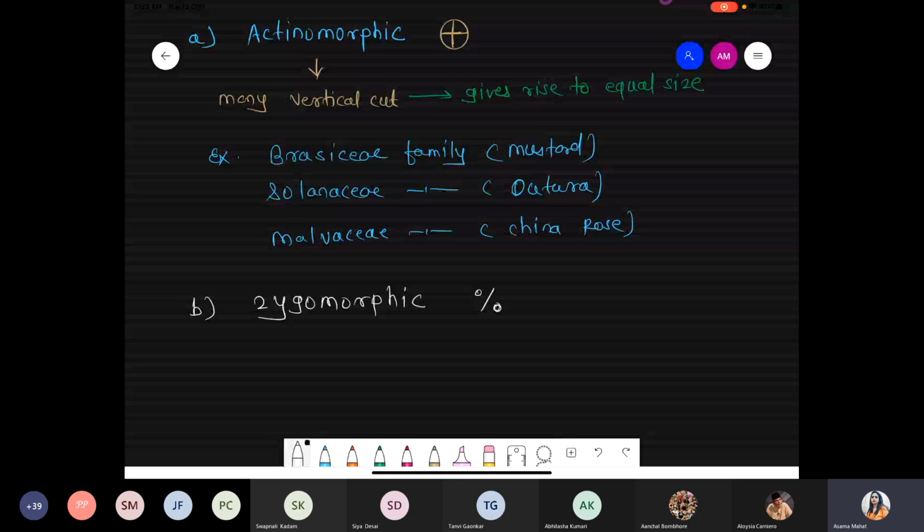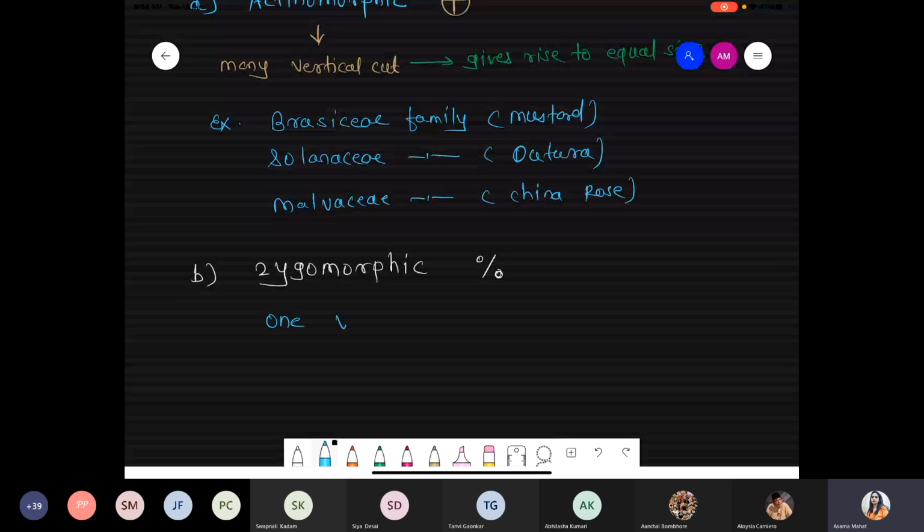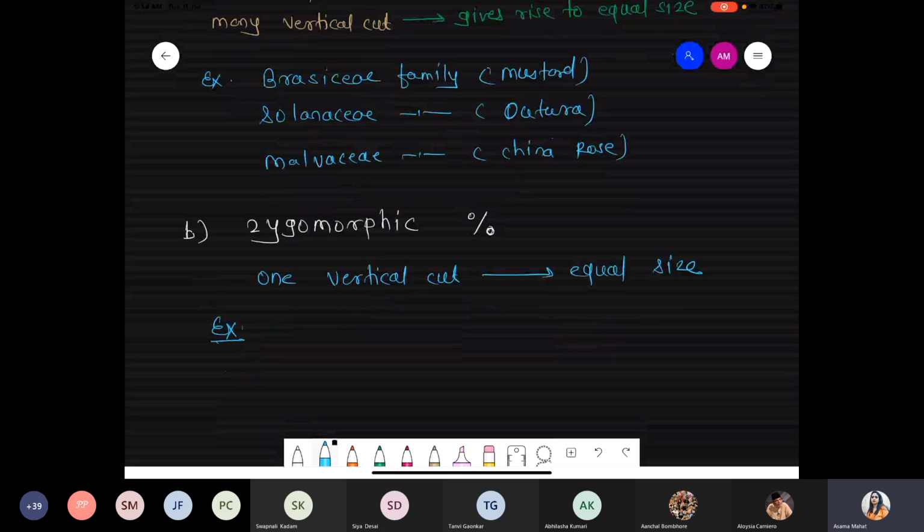So there is one vertical cut and they give rise to equal size of the floral part. Such type of this condition is called as the zygomorphic. Example ये हम फिर से repeat करेंगे. Zygomorphic flower where there is one specific cut, only one vertical cut, and they divide into two equal parts of the flower. More than one, it is not applicable.